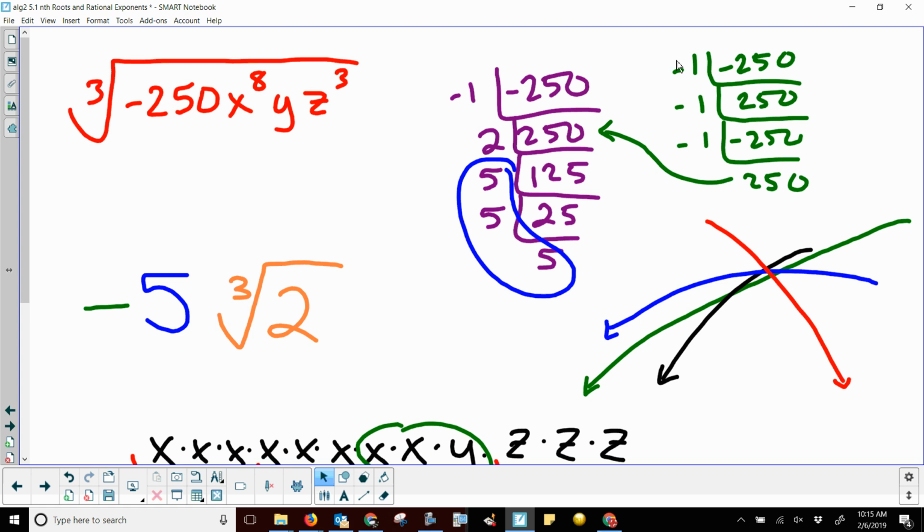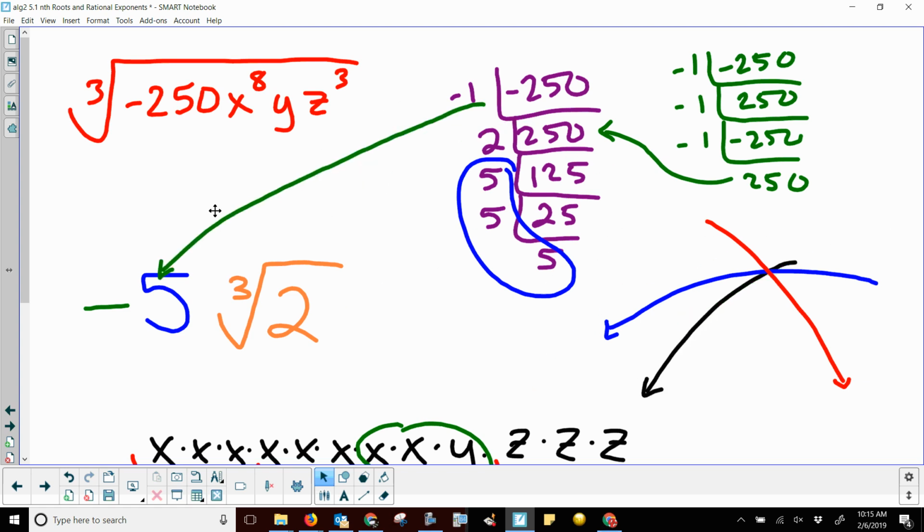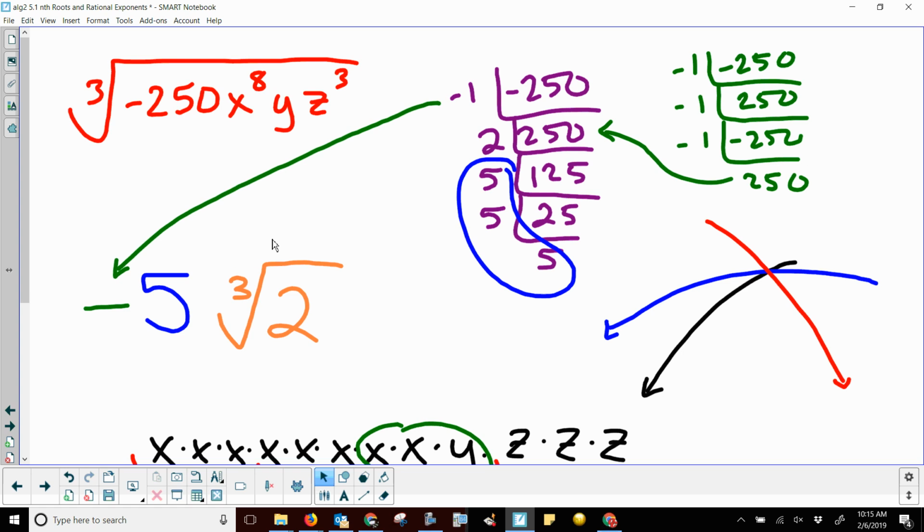Do I not technically have 3 -1s that could come out? Ooh, that's the wrong arrow. And so that -1 actually comes out to be a negative, because I have 3 negatives. I can have 5 negatives. I can have any odd number of negatives, because I can just switch back and forth.